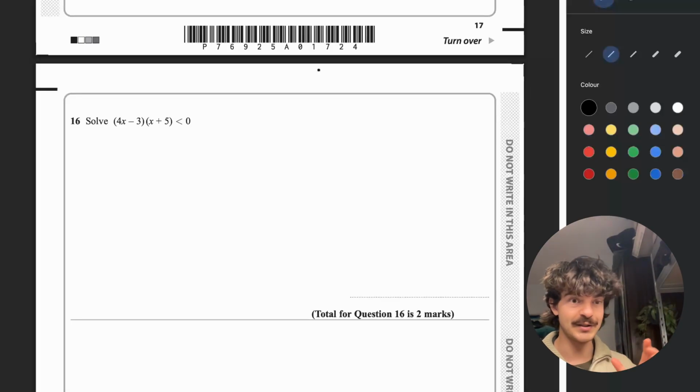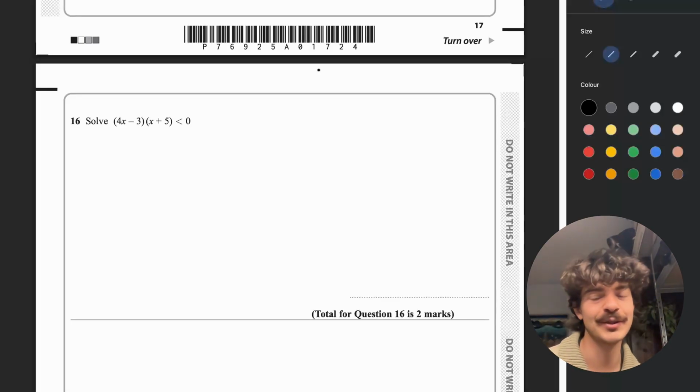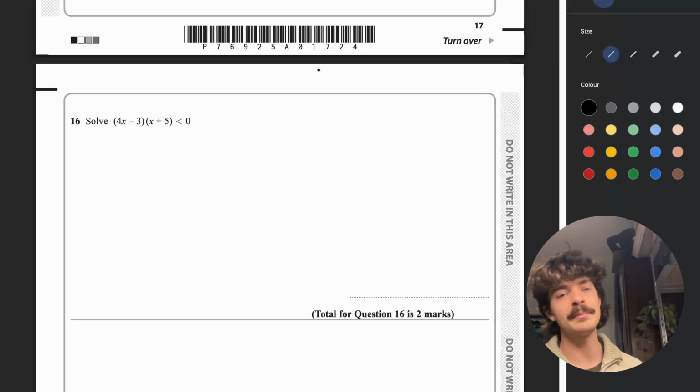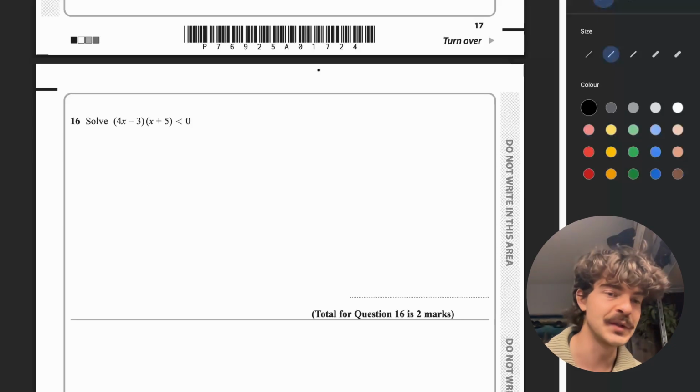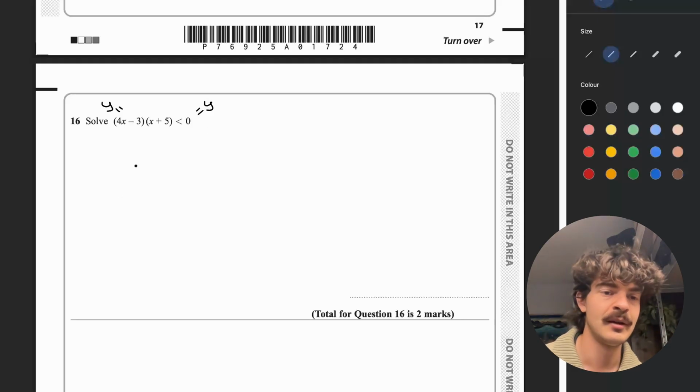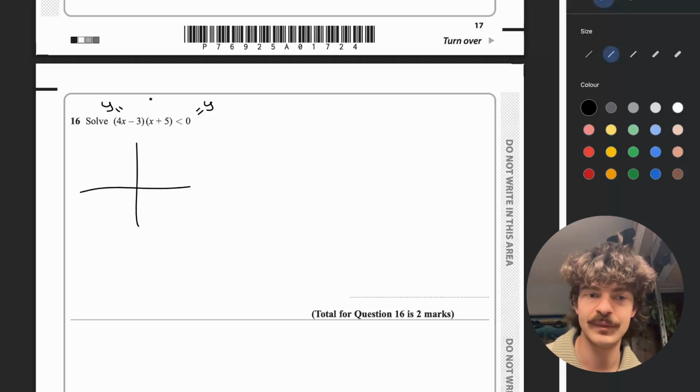Okay, next up, question 16. We have got a quadratic inequality. Quite early to be seeing one of these. But fundamentally, what it's saying is you've got 2 equations. y is equal to this quadratic, and you've also got y is equal to 0, right? Roughly speaking, you've got a graph. There's going to be some quadratic. Let's not even dwell on what it looks like at the moment. We can come back to it.